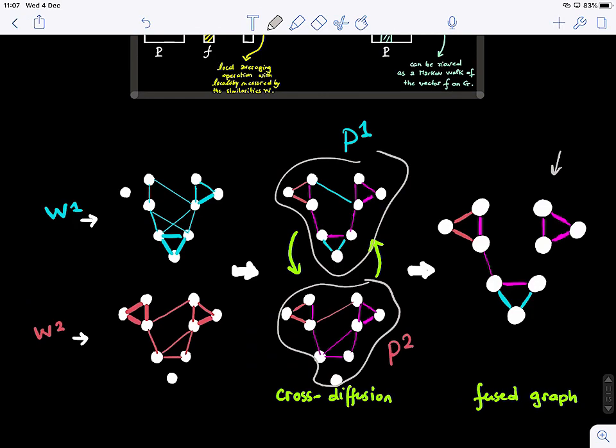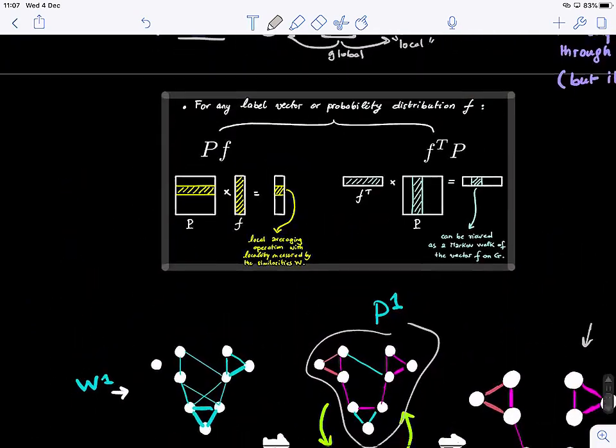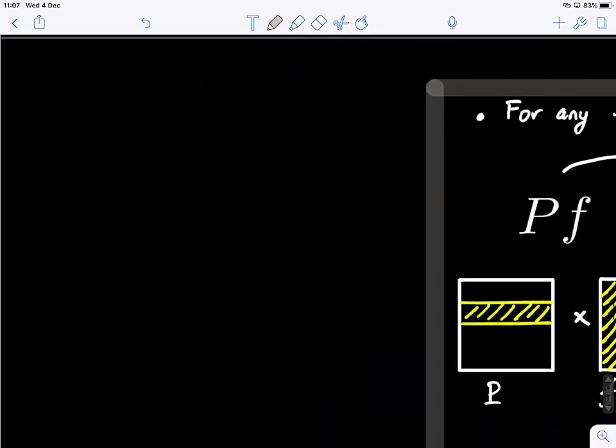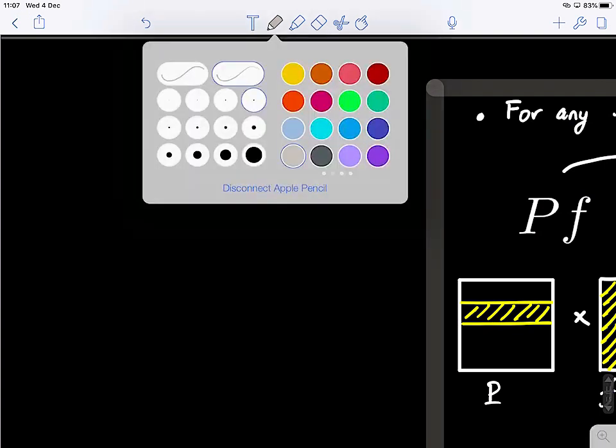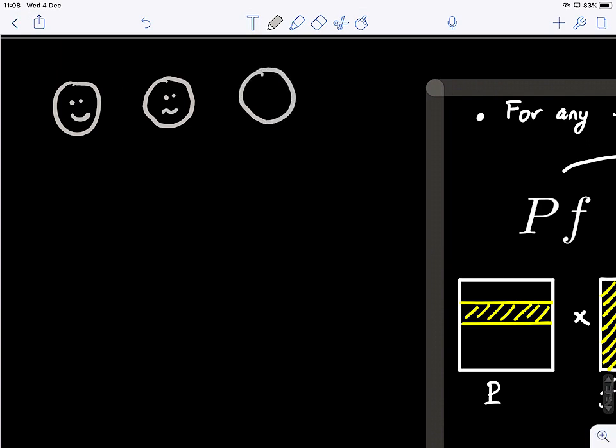Now, why does this work? Let me explain it better. If you have different faces, let me draw a good face. Something like that. So these are your graphs, right? And they have different structures.